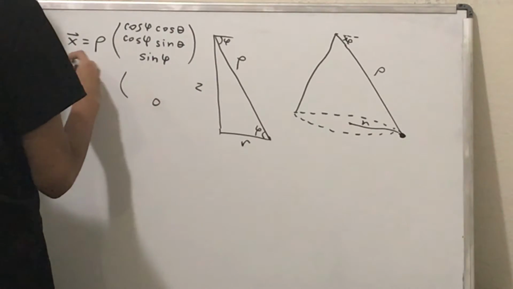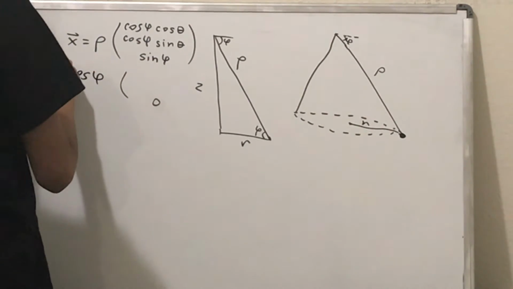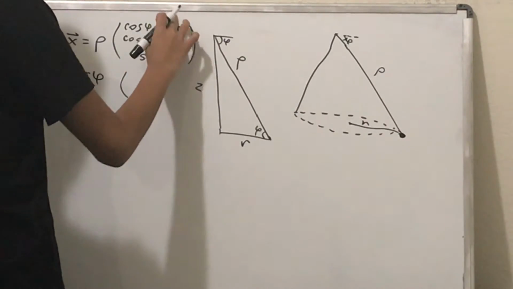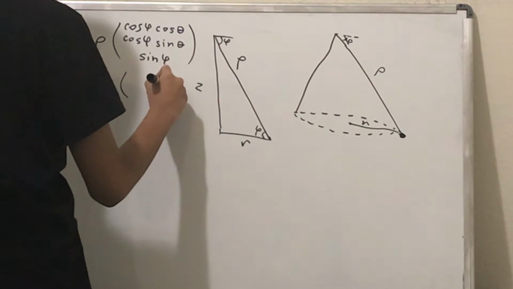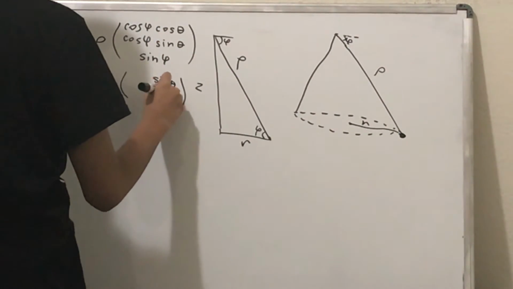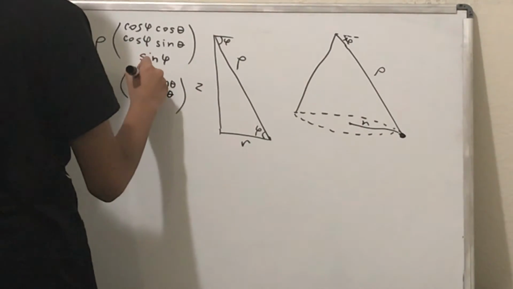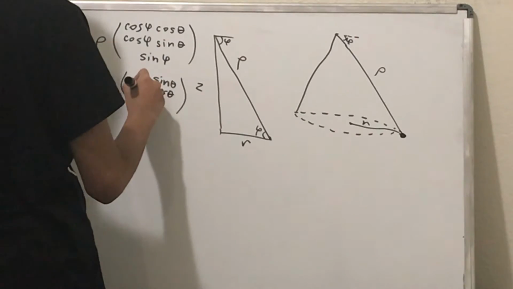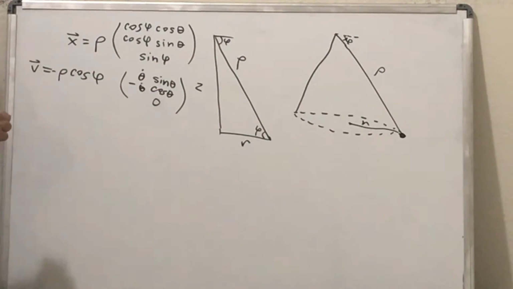We can just factor that out now that this is 0. Also, we'll put a negative here because the derivative of cosine is negative sine. But then we have to put a negative here, so the derivative of sine is cosine, but we put a negative. Okay, and then you have to notice that you have to use the chain rule, so you have to multiply by the time derivative of theta, theta dot.